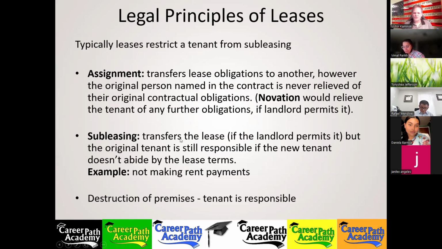Subleasing transfers the lease if the landlord permits it, but the original tenant is still responsible if the new tenant doesn't abide by the lease terms. An example is not making the rent payments. The original tenant is still responsible for making those rent payments, and of course the tenant is also responsible for destruction of any premises.